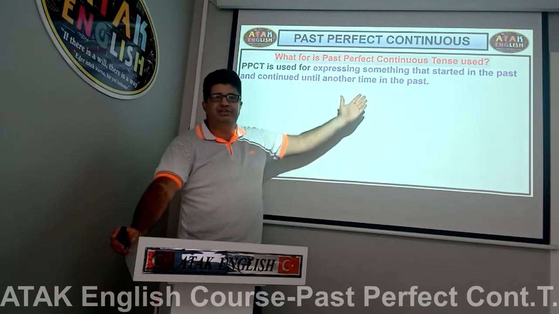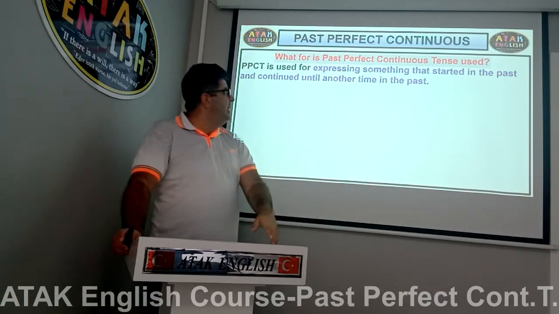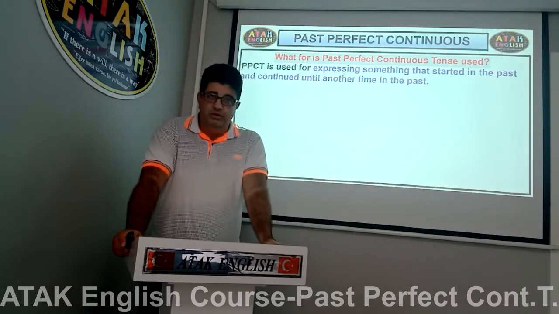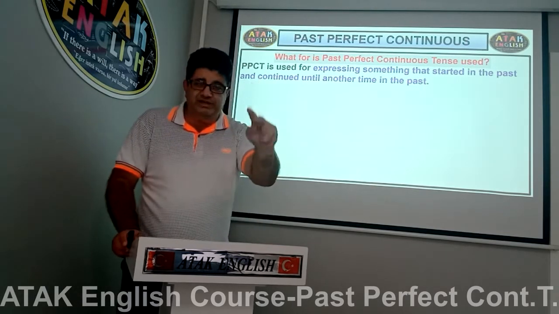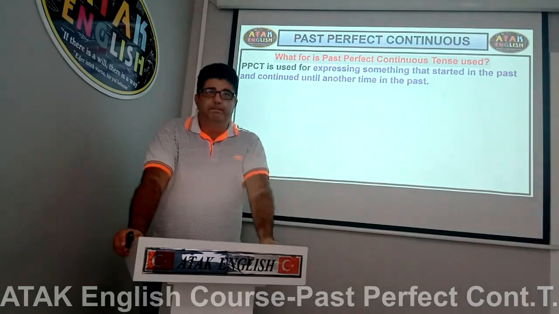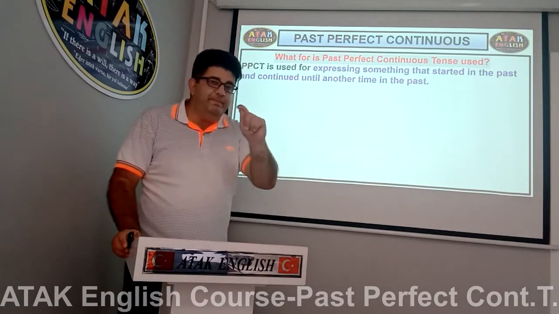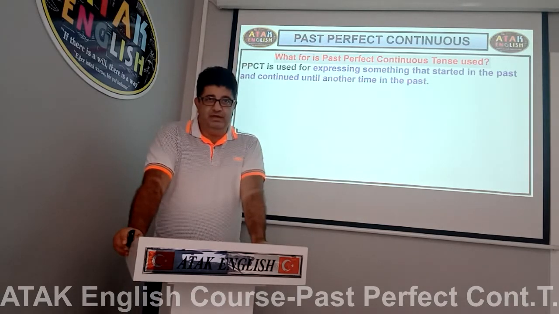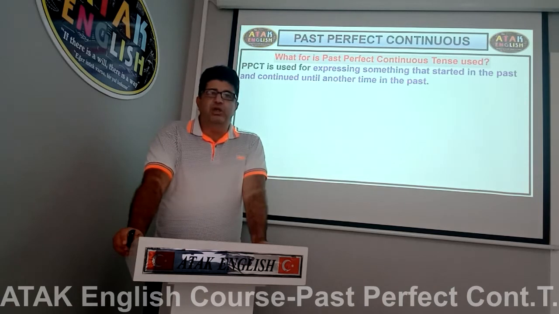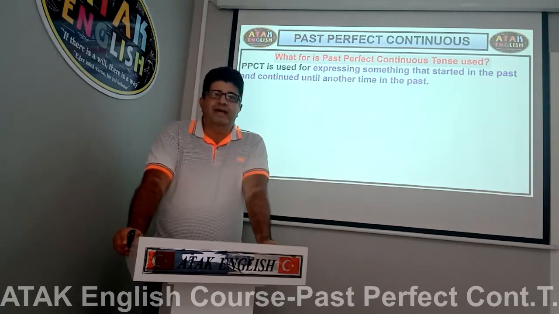Something means an action or an event that started in the past and continued until another time in the past. So I need two actions again. One action is supposed to be before the other action in the past. Okay? And we focus on the time period between these two actions or events in the past.